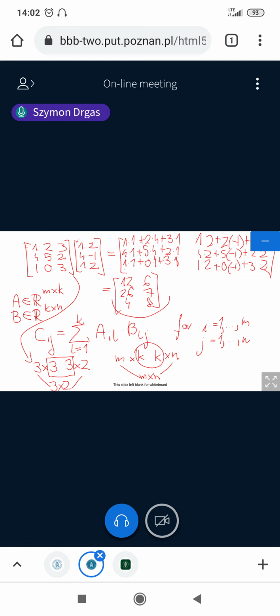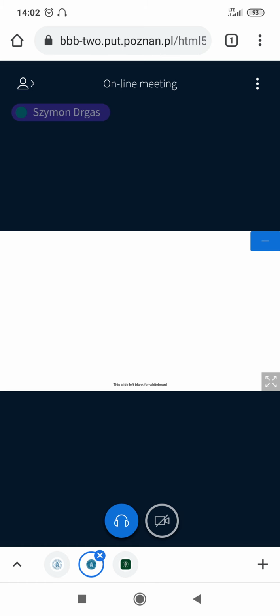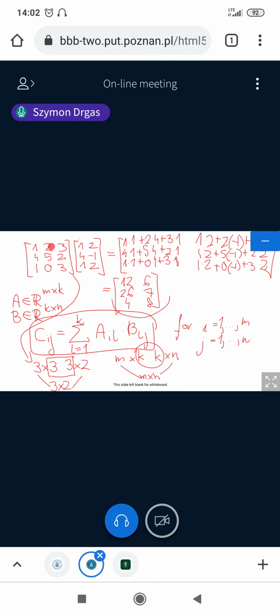So in all cases, we can describe multiplication of two matrices using this formula, but I would like to show you that if you multiply two matrices, you can find linear combinations in this kind of operation. So let me write the same matrix.